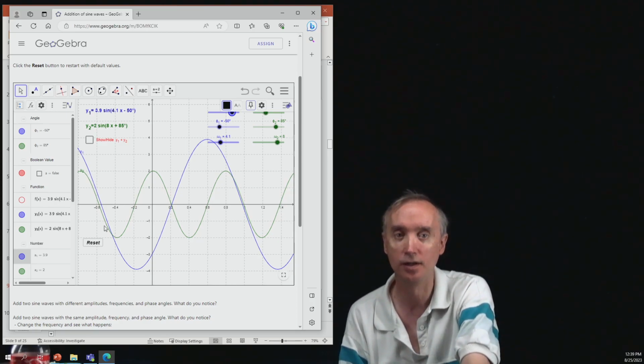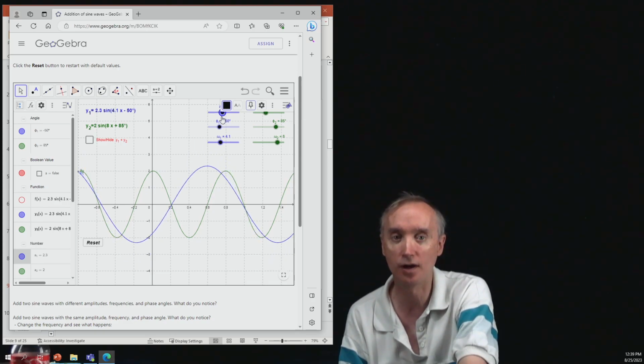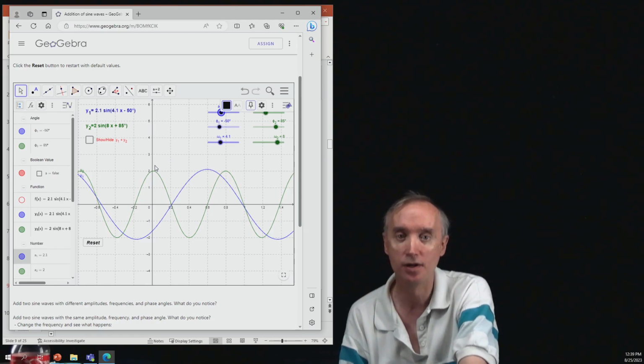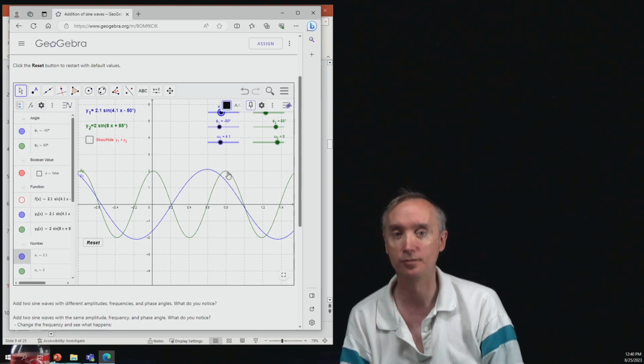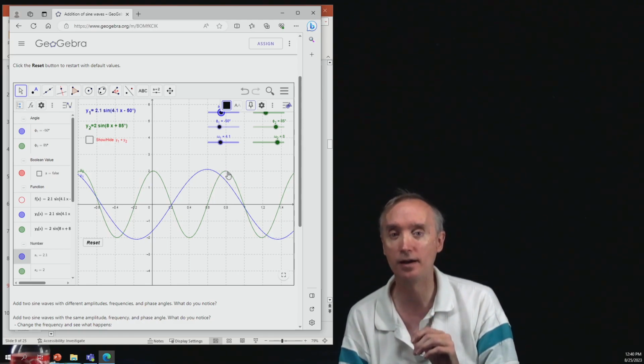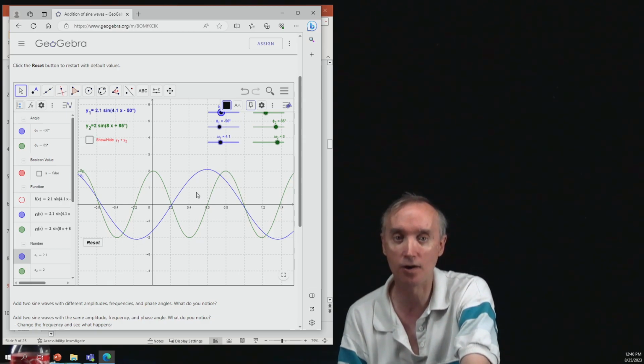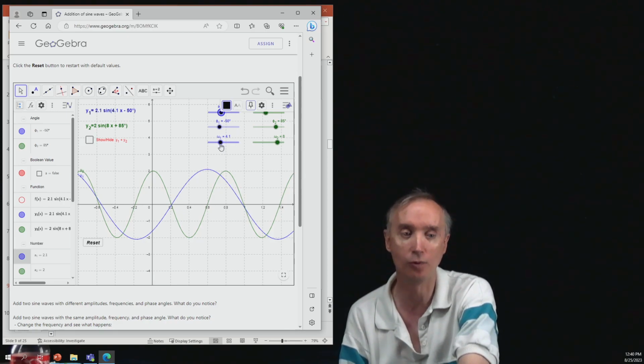Okay, so the top one was the amplitude. I am going to adjust this so that these two waves, the green one and the blue one, have the same amplitude. Now they need to have the same frequency. This is kind of hard for me to do because I can't read these numbers, they're like 6 feet away from me while I'm taping here.